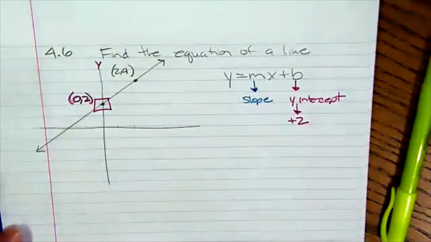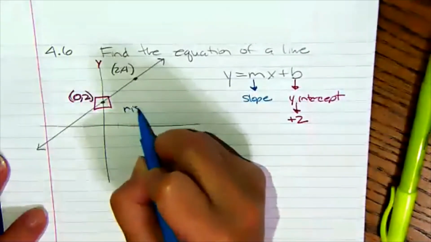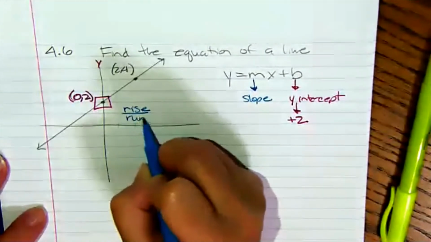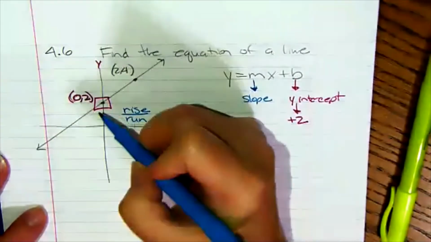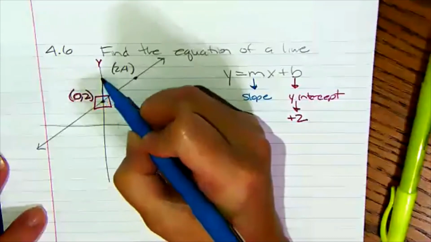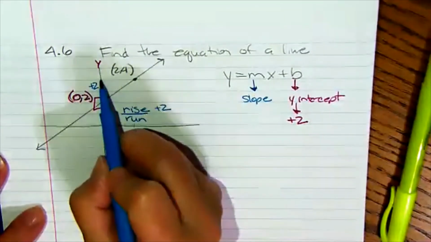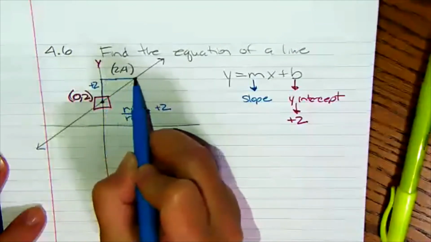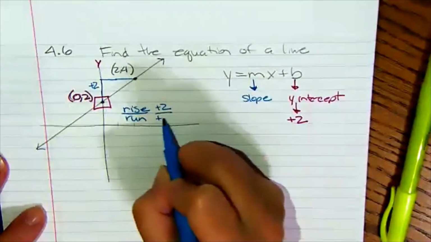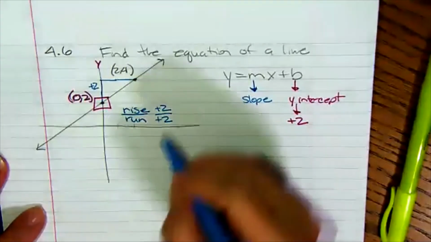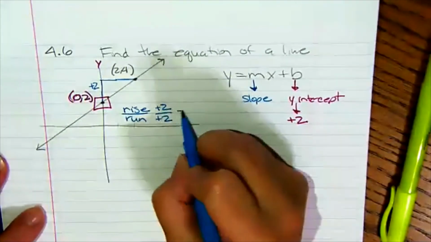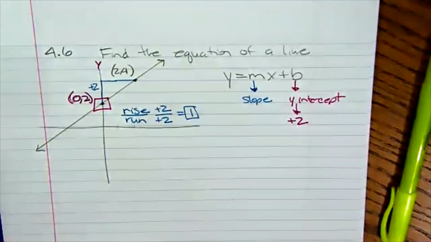There are 2 ways of doing that. We know slope is rise over run. So we can say 1, 2. My rise is positive 2. 1, 2. My run is positive 2. So my slope is 1.